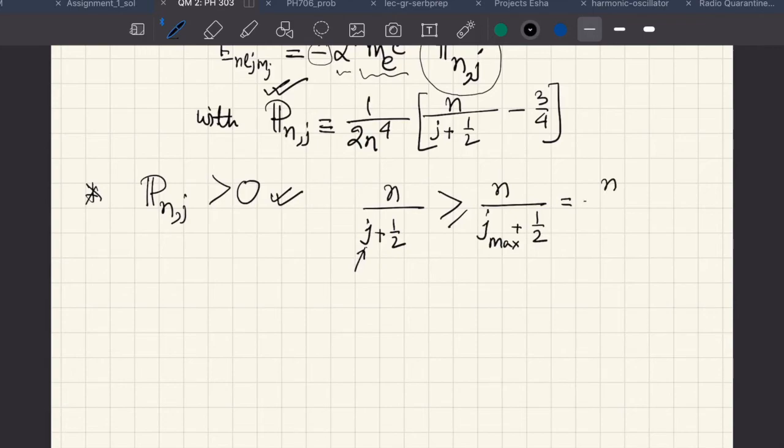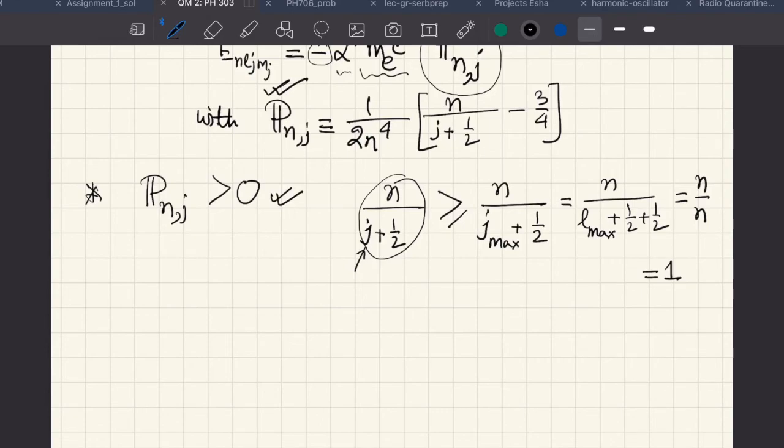So this is N by L max plus half plus half. But what is L max plus 1? You remember that L can take values from 0 to N minus 1. So L max plus 1 is nothing but N. So this is N by N, which is 1. So the minimum value of N by J plus half is 1.